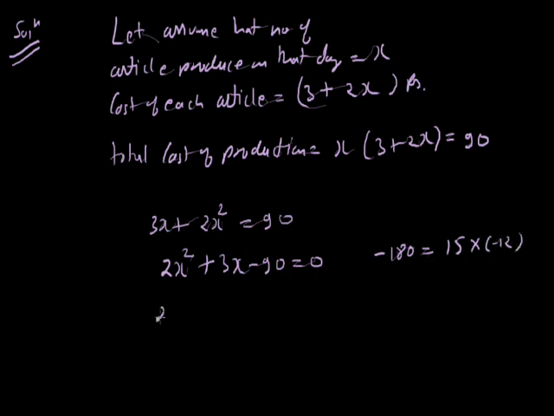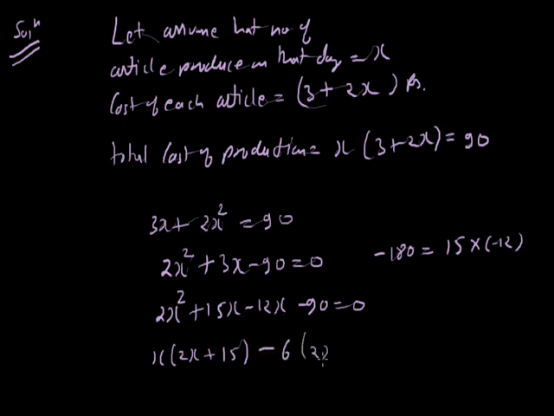So this expression can be written as 2x square plus 15x minus 12x minus 90 equals 0. So from here I take x common. What is left? 2x plus 15, and from here I am taking minus 6 common. So in bracket I am left with 2x plus 15 equals 0. So (x minus 6) into (2x plus 15) equals 0.